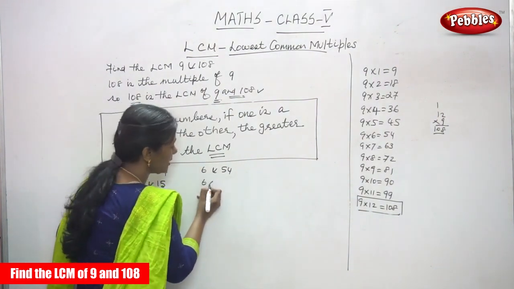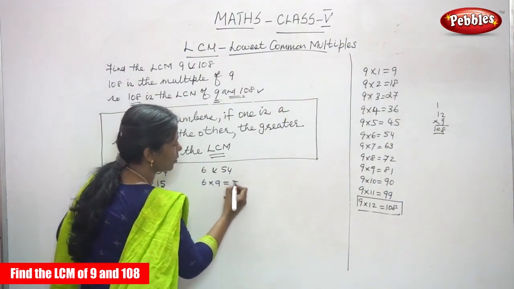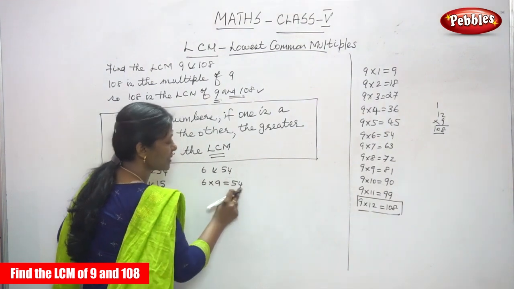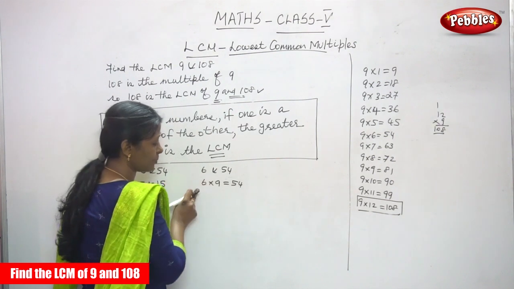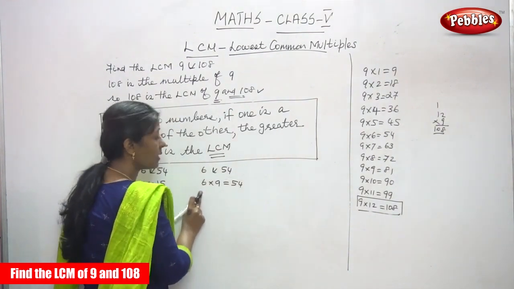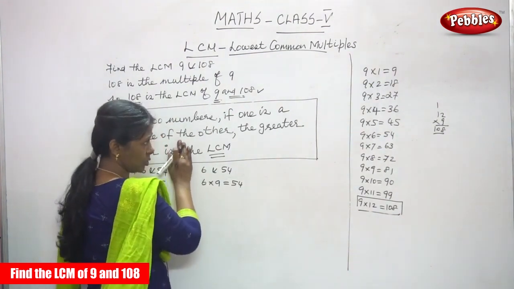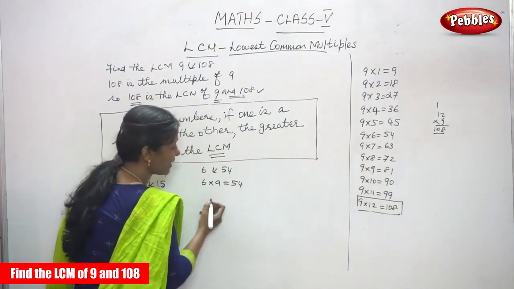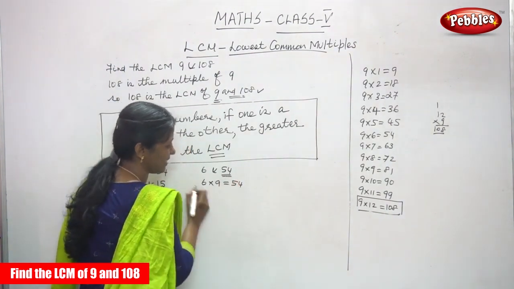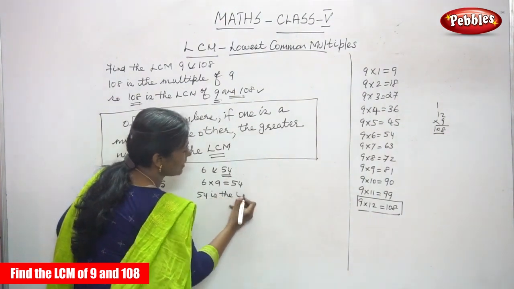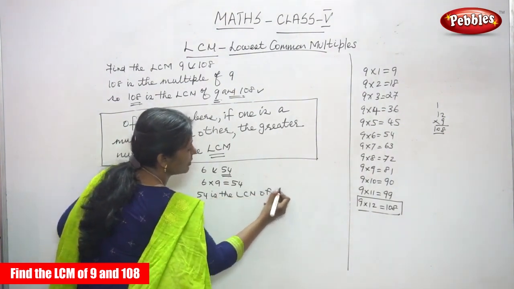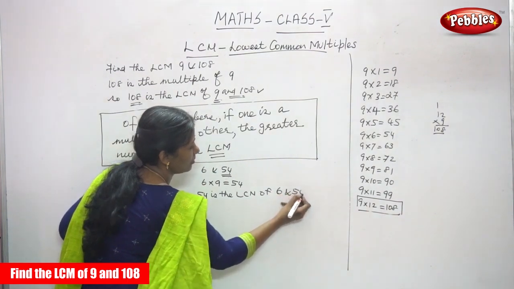How could you say? 6 into 9 you can get 54. So apply this rule. Apply this rule means what you will get? The greater number is the LCM. So 54 is the LCM of 6 and 54.